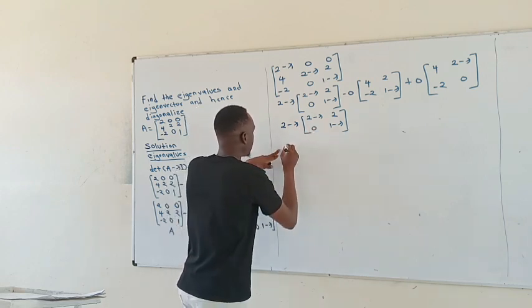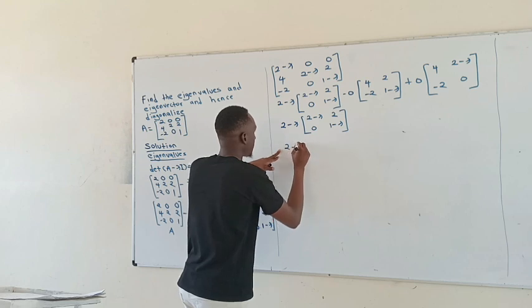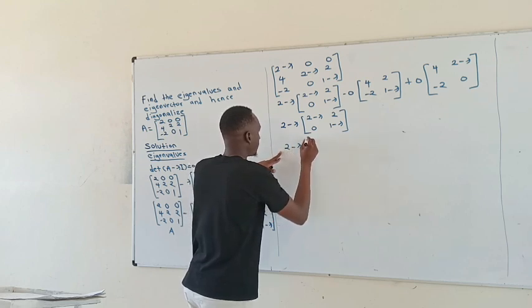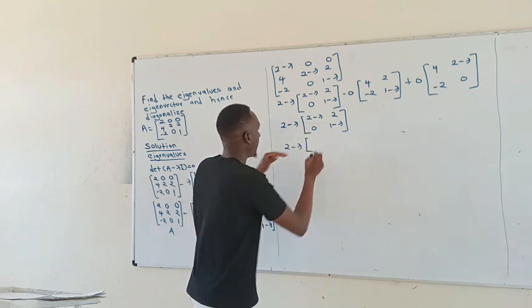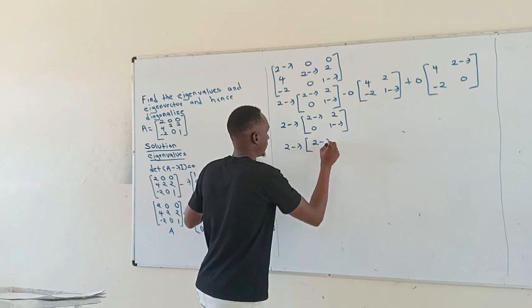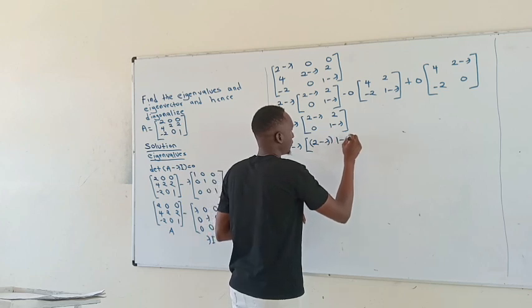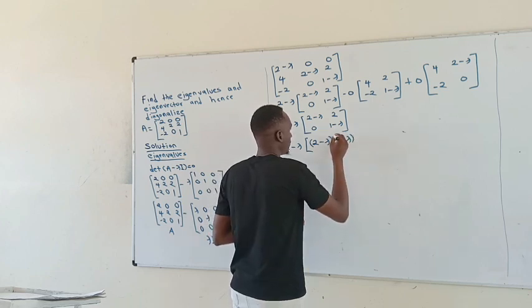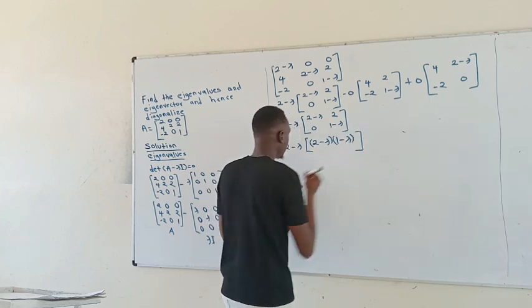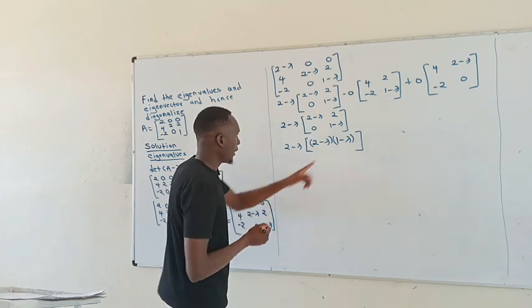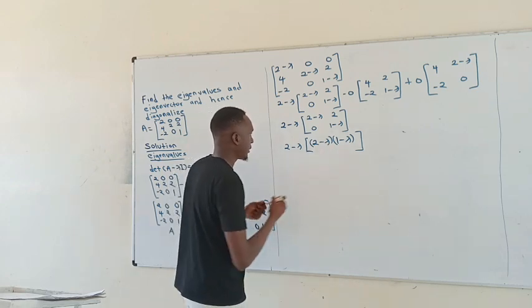So the outside we have 2 minus lambda into 2 minus lambda times 1 minus lambda minus 0. So let's expand the inside part.